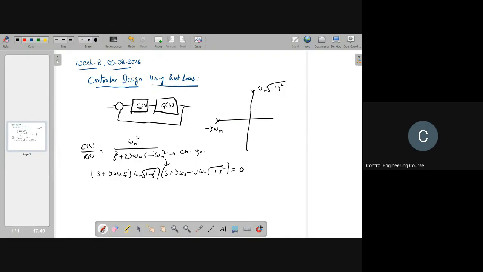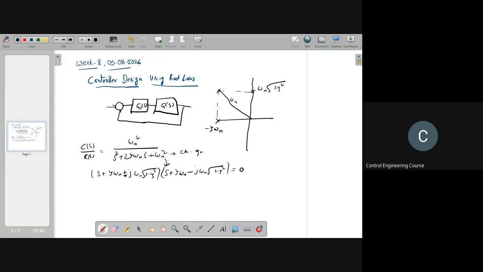I'm only brushing up so that those who forgot can easily remember. These are very useful for design techniques. So this is the pole of the second order system, the complex pole, and the distance from the origin is omega n, with this the real part and this the imaginary part.